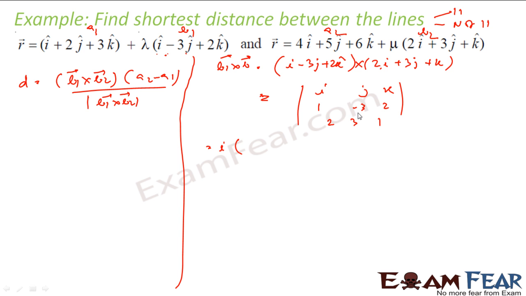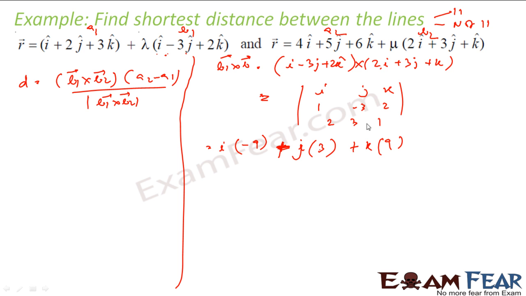This is nothing but i into minus 3 into 1 is minus 3, minus 3 into 2 is 6, so minus 3 minus 6 is minus 9, plus minus j into 1 into 1 minus 4 is minus 3. So minus of minus 3 is plus 3, plus k into 1 into 3 is 3, 3 minus 6 is minus 3... 3 minus 6 is 9.